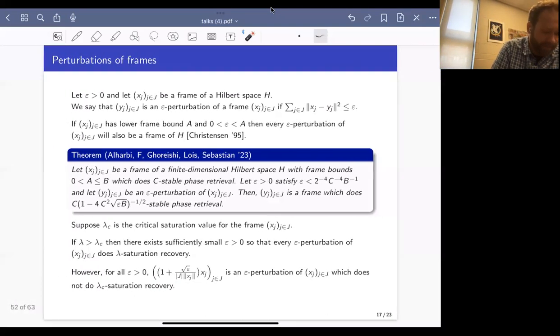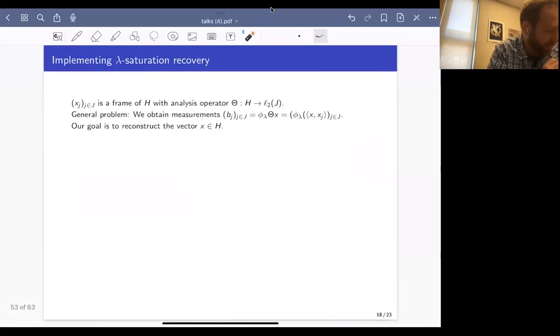Okay. So very last thing I want to talk about is actually how do you implement saturation recovery? So I have a frame with some analysis operator, and suppose that I've obtained some measurements.